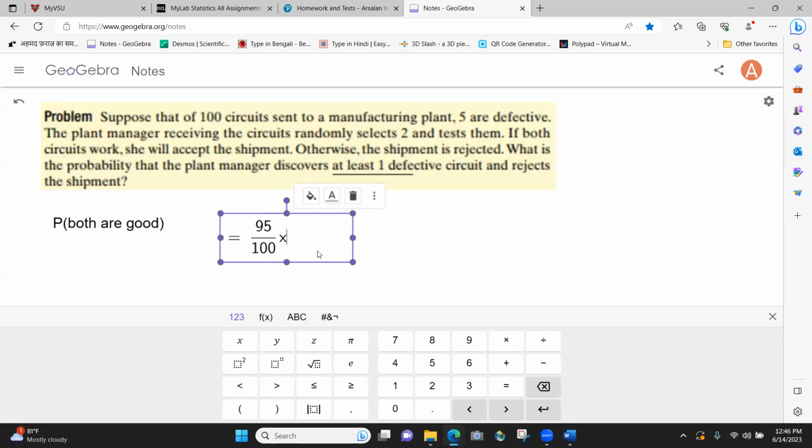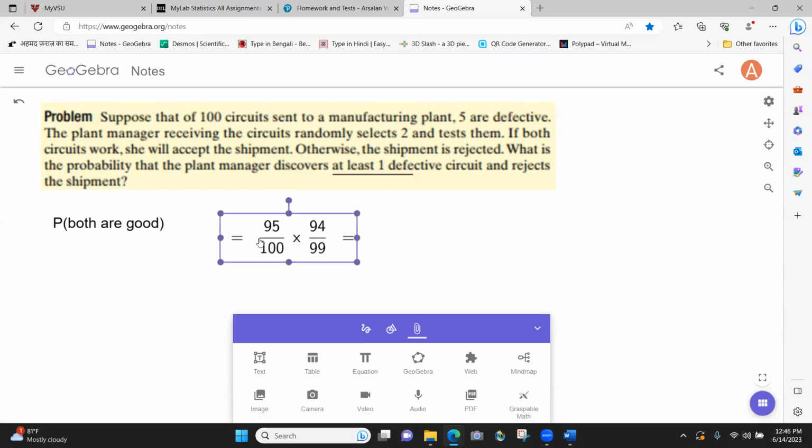They're not going to put it back. Pull one out and there are only 99 circuits left. Let's say you got the good one first. So there are 94 good ones in the packet out of 99. And that should be your answer for this, but we're not done. Now I'm just going to find the decimal answer using my calculator, just to keep things simple.